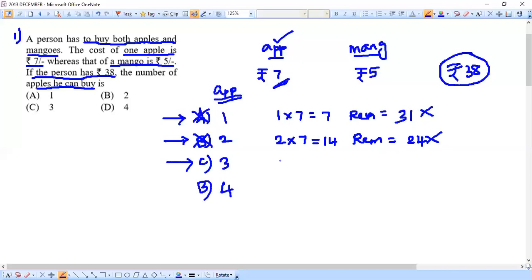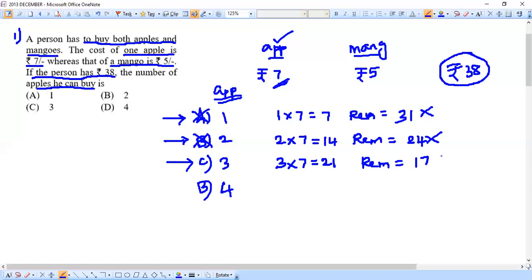Let's try option C, 3 apples. In this case, he will spend 3 sevens are 21 rupees in buying apples. So the remaining amount will be 38 minus 21. Because 8 minus 1 will be 7, and 3 minus 2 will be 1.